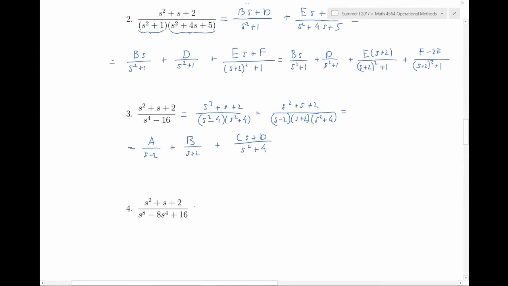The last example looks horrible until you notice that the denominator is simply s to the fourth minus 4, squared. And factoring it out gives us s squared minus 2 times s squared plus 2, the whole thing squared.